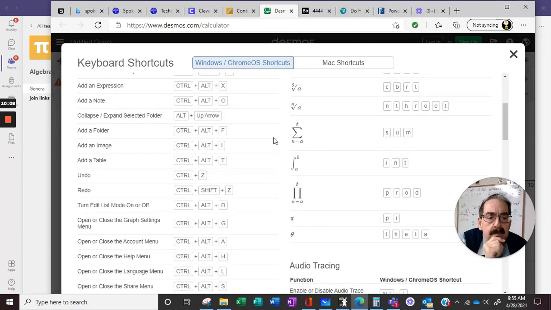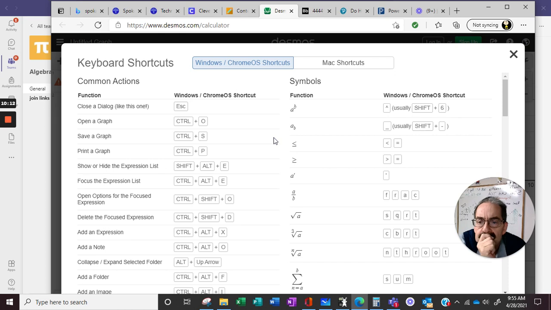What about subscript? Okay, shift. Okay, now open a graph, sub B. Okay, underscore, shift, dash.